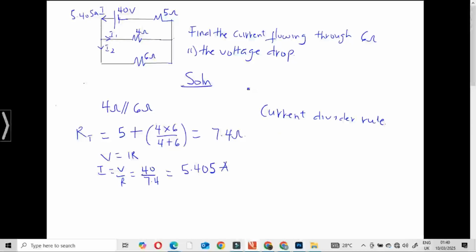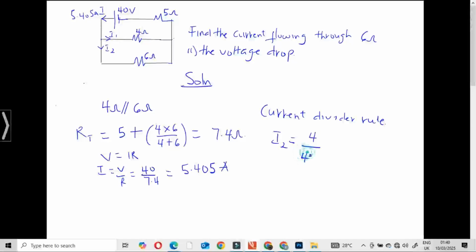So the current divider rule will help us find the current I2, which is the current that passes through the 6 ohm resistor. So this is how the current divider rule plays out. So I2 is equal to, with the current divider rule, we take the opposite resistor. So in this case, the opposite resistor to the 6 ohm resistor is 4.